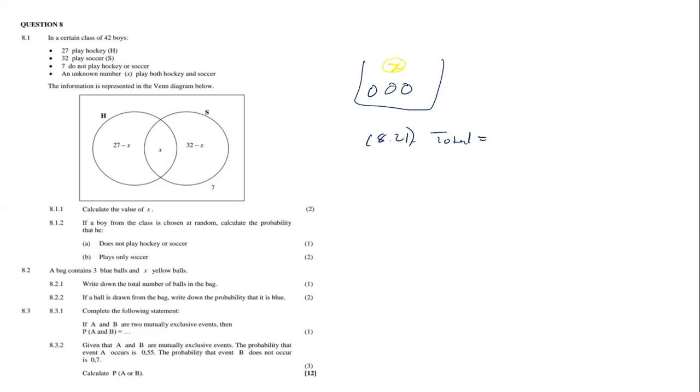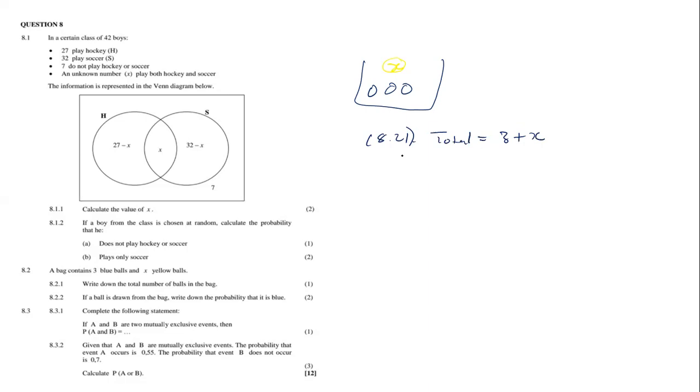How many balls are in this bag? It's 1, 2, 3, X. We don't know X, so we're gonna write it as it is. We're just gonna write X because it's not provided. There is not enough information to calculate that. So that means it's gonna be 3 plus X. This is the total number of the balls in the bag.